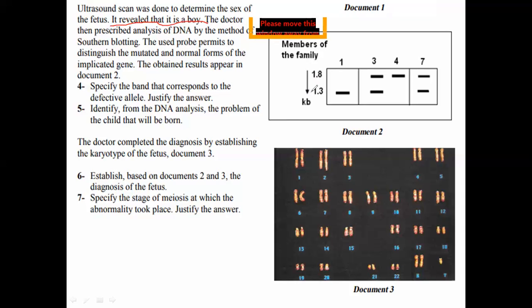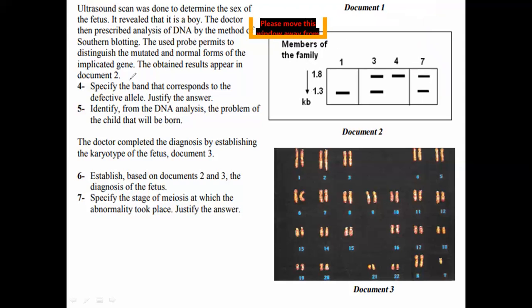But here, from the Southern blotting, we have two bands, a band of 1.8 kilobase and one of 1.3 kilobase. So what is the problem? It has two bands, meaning that it has two X chromosomes, and since it's a male, it has one Y. So here we have a special abnormality.